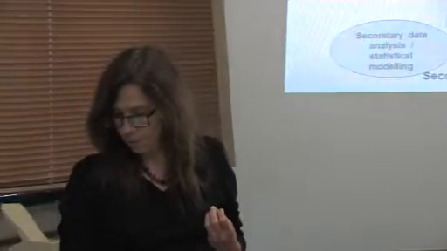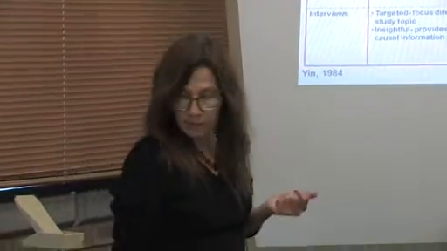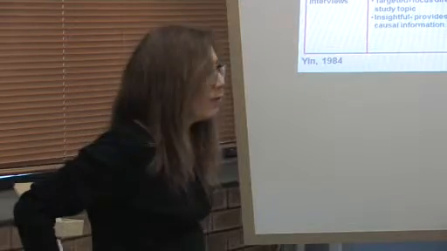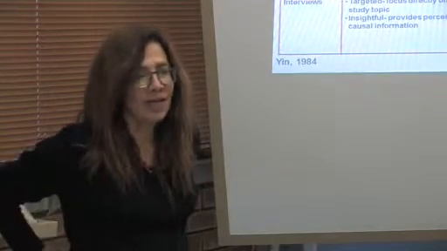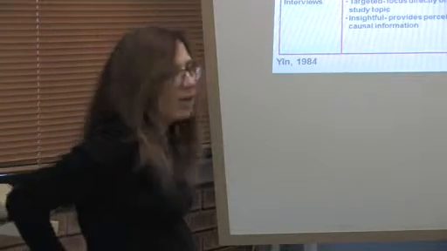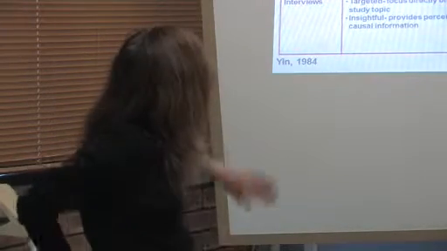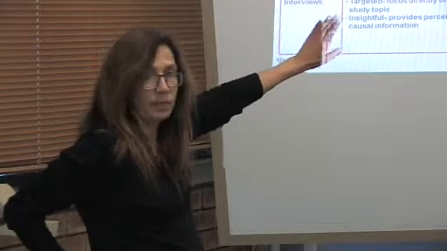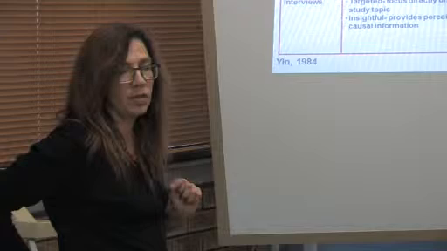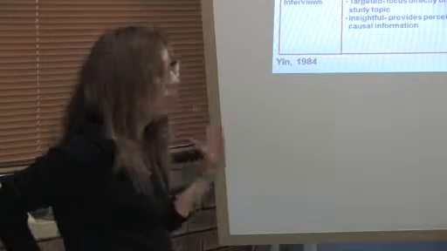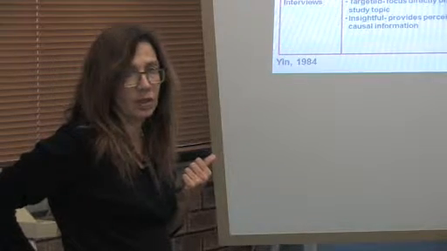Now, this comes from Yin. It's an old version of Yin, and it really tells you what you have to understand about evidence. Now, this is not a complete set, but what it should tell you is that there are always strengths according to certain sources of evidence and weaknesses to certain sources of evidence.